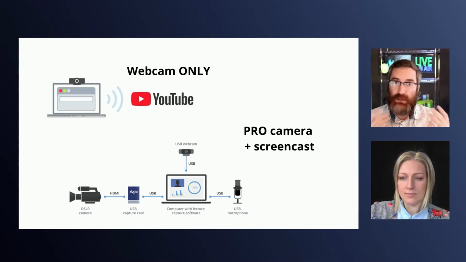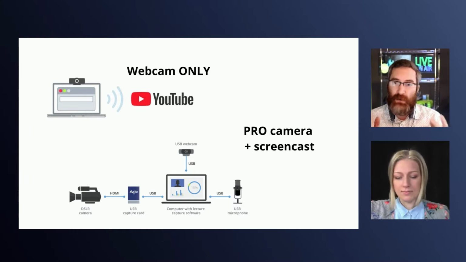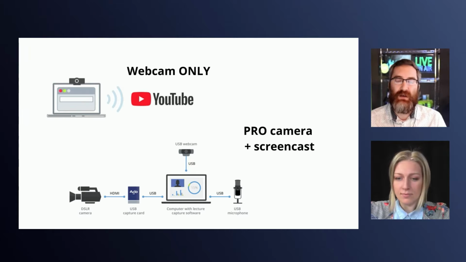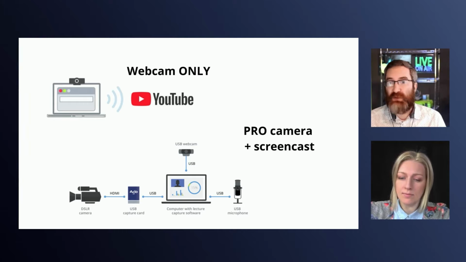You can literally just go onto YouTube, click on the go live button, choose your webcam as a video source, and get going that way. It's not necessarily going to be the best quality video, probably not the best quality audio, but it is the quick and dirty, simple way to just get going right away.